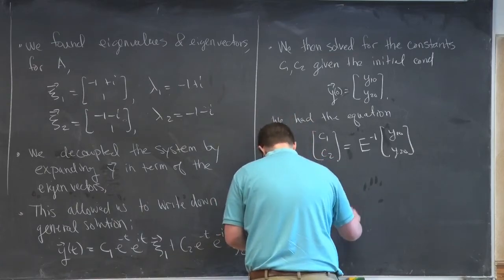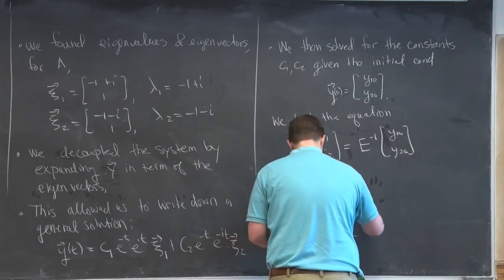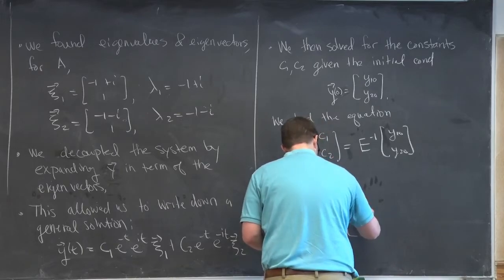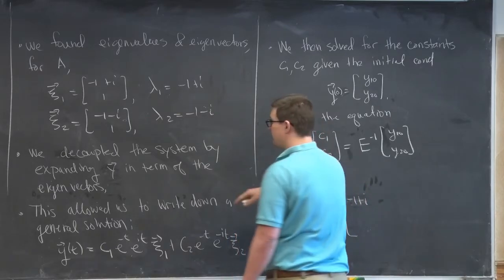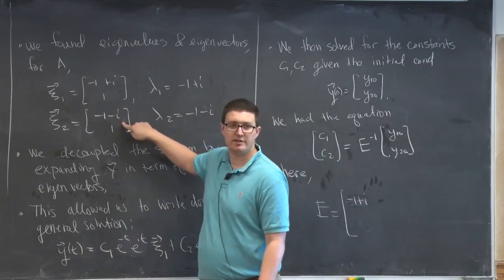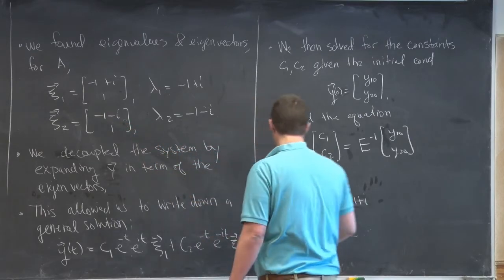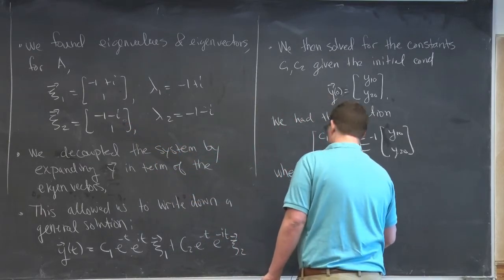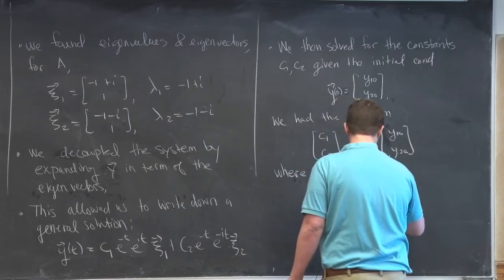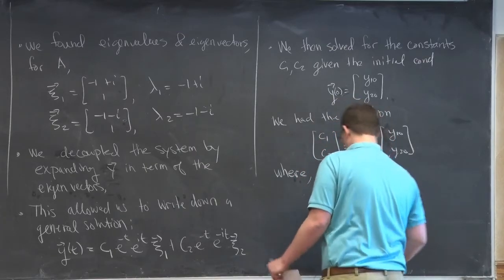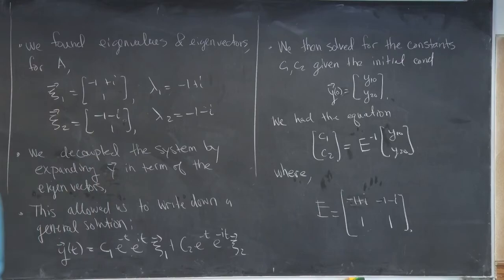E was this thing, minus 1 plus i, minus 1 plus i. So I'm just going to put these eigenvectors here into the columns of the matrix, okay? So this one's 1, and then we have minus 1 minus i, 1. All right? Okay.